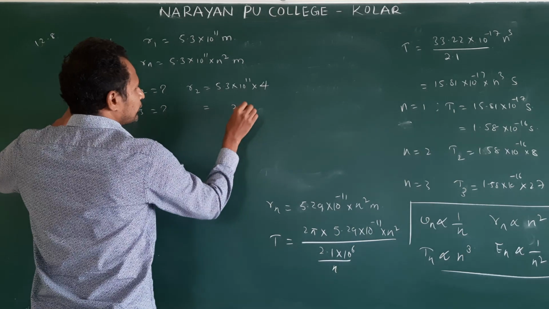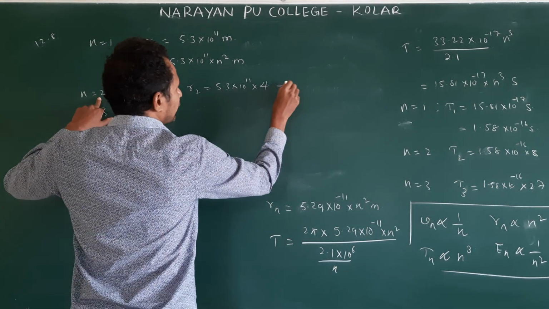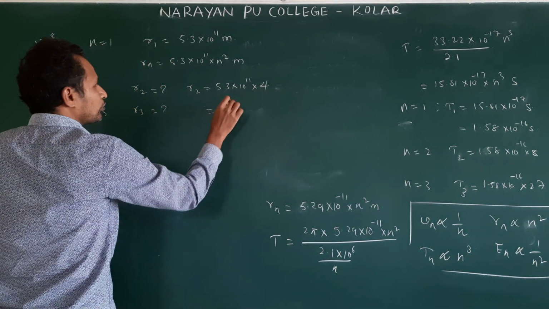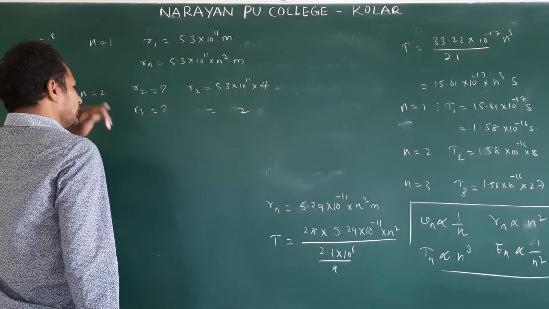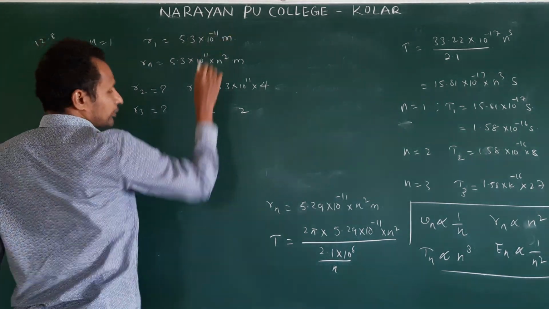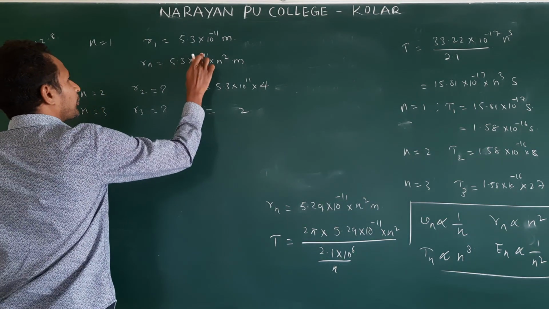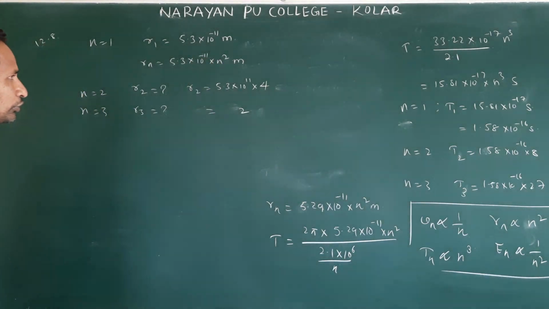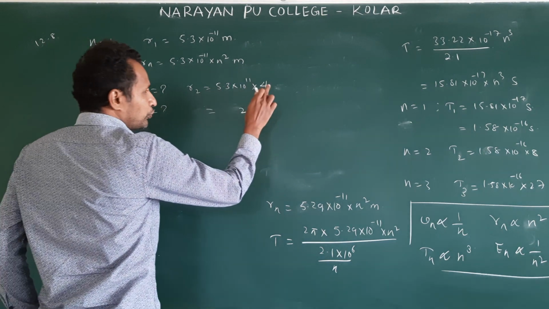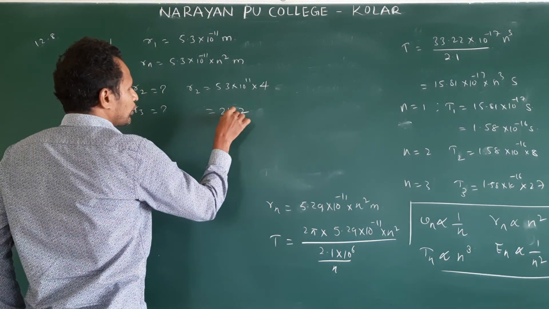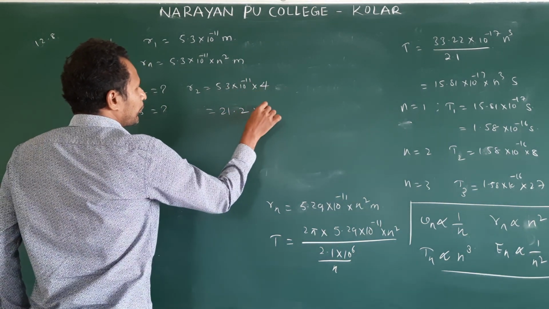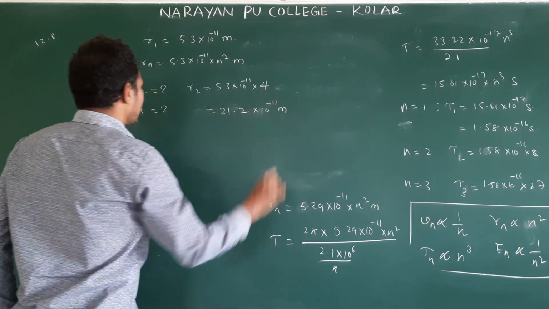This is minus 11, not plus 11, it's not positive. 5 into 4, 20, so this is 21.2 into 10 power minus 11 meters.